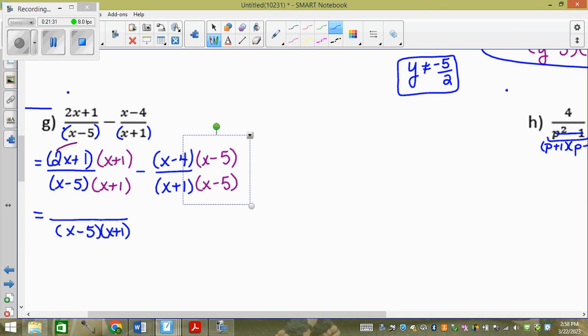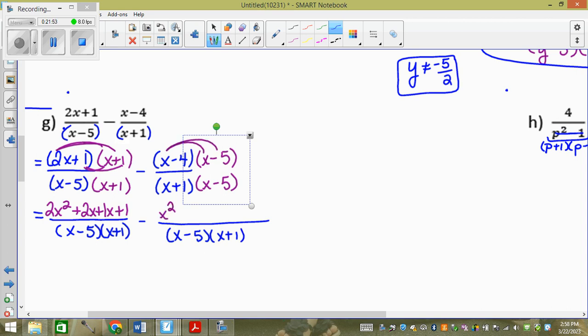So we distribute, and we get 2x squared plus 2x plus 1x plus 1 minus x minus 5x plus 1, x squared minus 5x minus 4x plus 20.